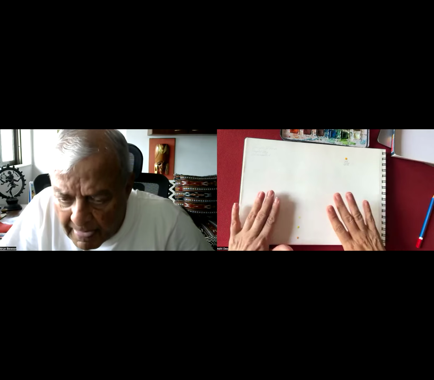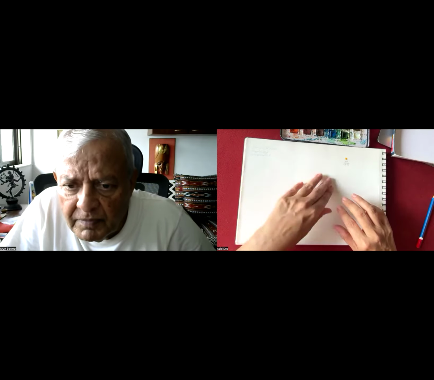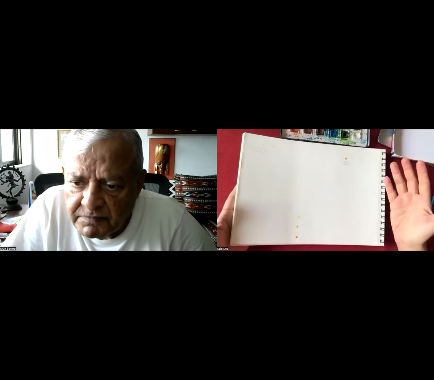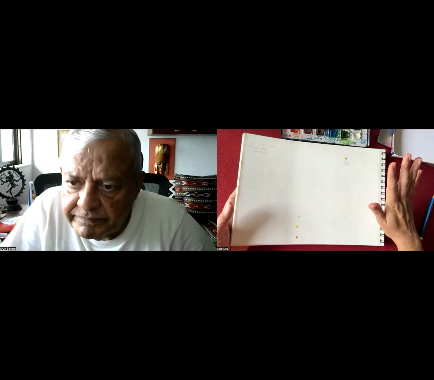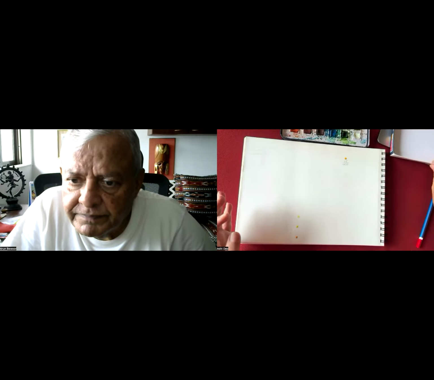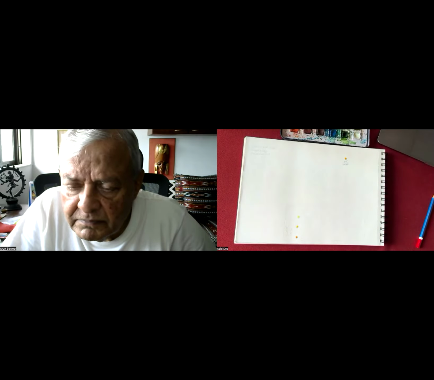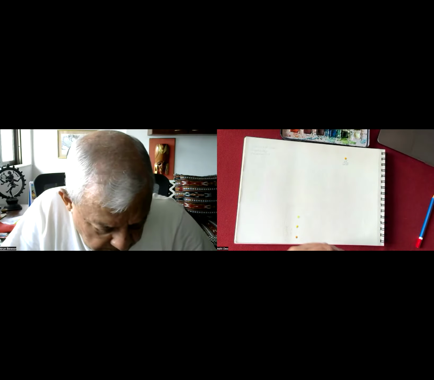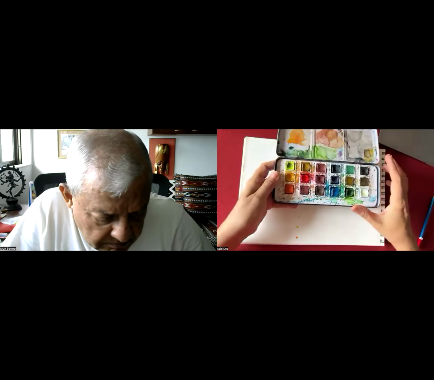So you should make the color chart every time the paper changes. If you're using the same book every time, you don't have to do this every time. But this will give you a little bit of a head start next time, so at least you know what the names of the colors are.